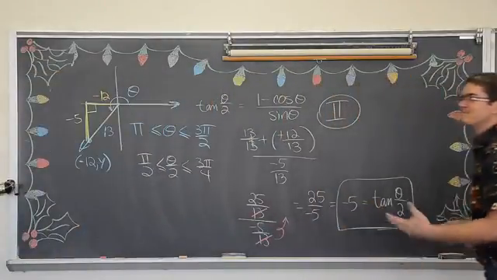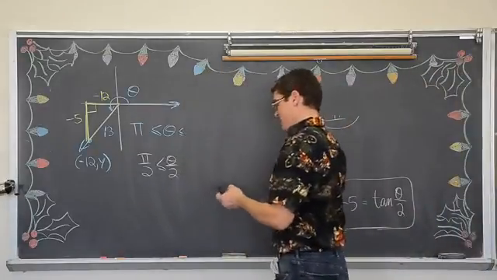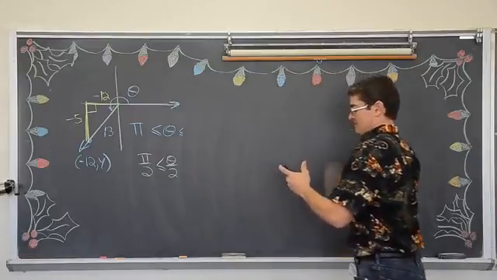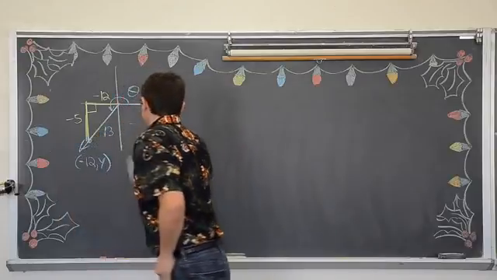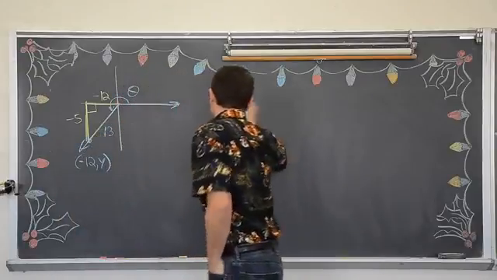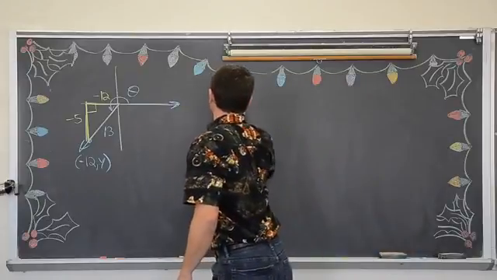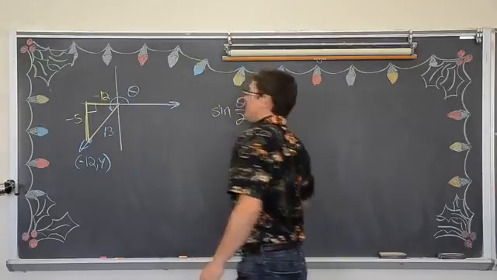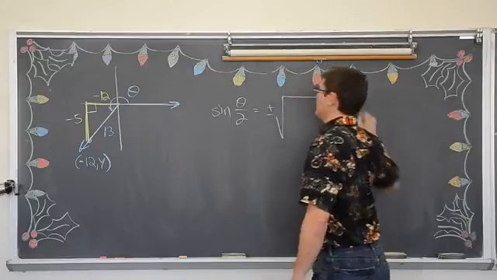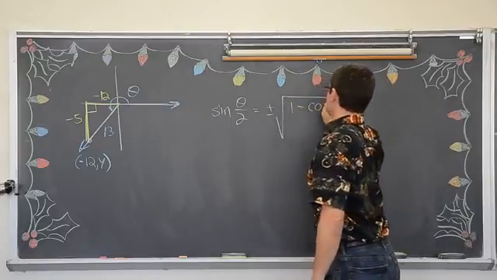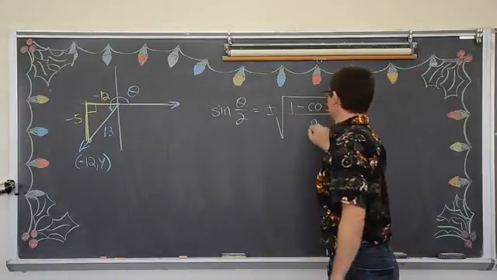All right. How about the sine of alpha divided by 2? Okay, so the sine of theta over 2, the half angle identity for sine, is plus or minus the square root of 1 minus cosine of theta over 2.